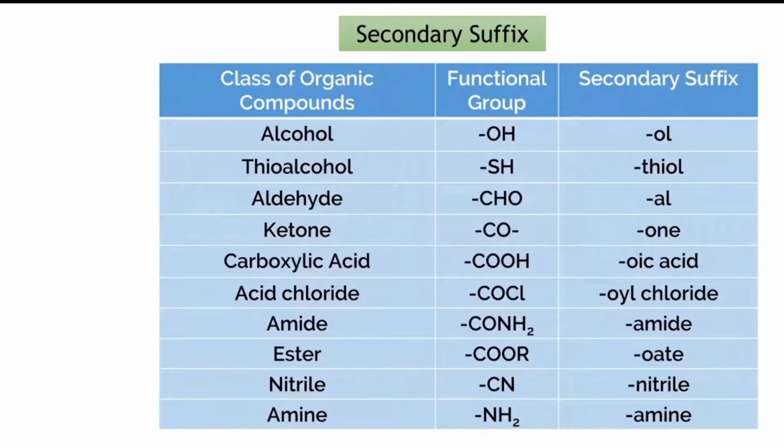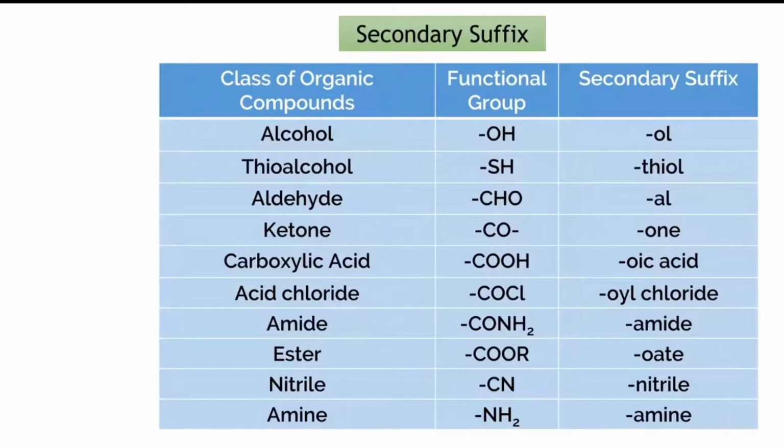Very simple. Have a look at the class of organic compounds. All these lists correspond to different functional groups, and you can see the functional group here. For example, alcohol OH, thioalcohol SH, aldehyde CHO, ketone CO, carboxylic acid COOH and so on. And the last column is the one which is very important for you to write a secondary suffix.